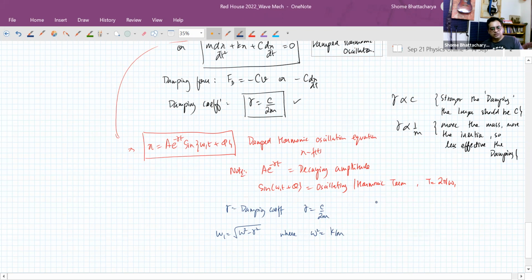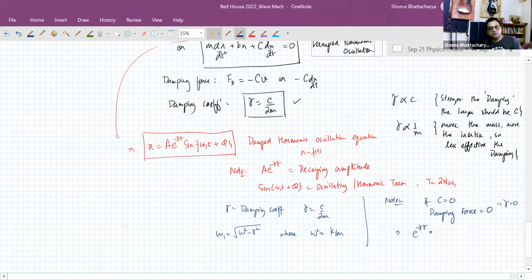So the idea is, in this equation you can see something very nicely. If c is 0, that is, the damping force is absent, then gamma will become 0.